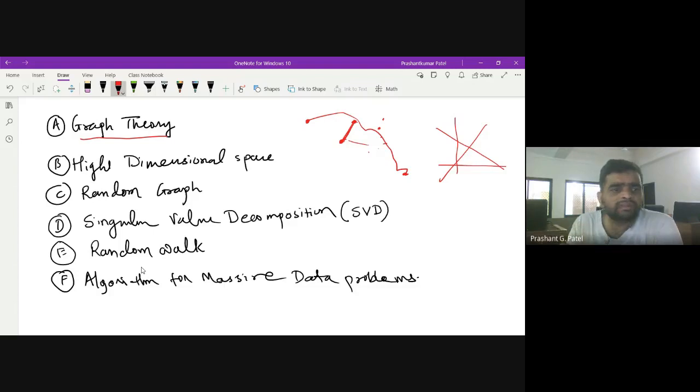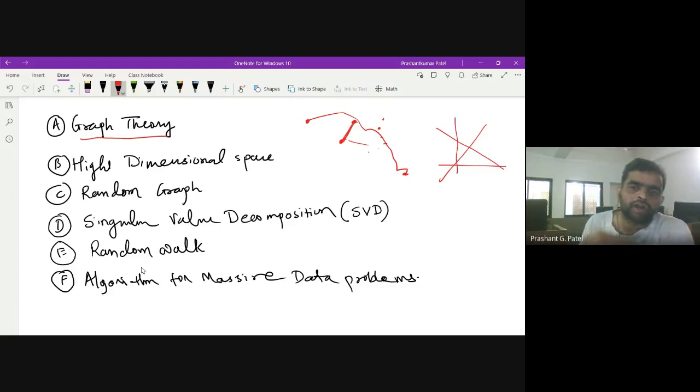The second topic is high dimensional spaces. Now what do you mean by high dimensional spaces? Those who have studied BSc mathematics or statistics or maybe computer science have learned about the dimension of a system. In linear algebra you have learned what is meant by dimension.